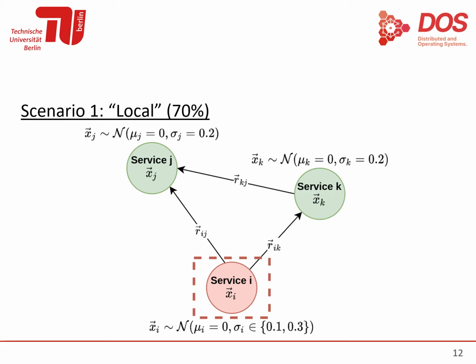Normal means that the values we are drawing from the normal distributions have a standard deviation of 0.2, whereas the values that represent the anomalies are drawn from a normal distribution with a standard deviation of either 0.1 for anomaly 1 or 0.3 for anomaly 2, as we are also interested in looking into multiple anomaly types.